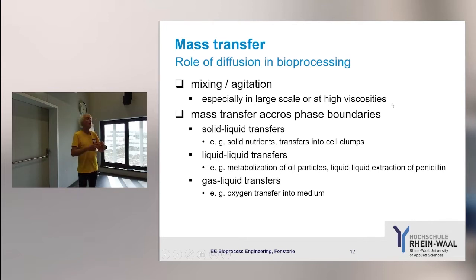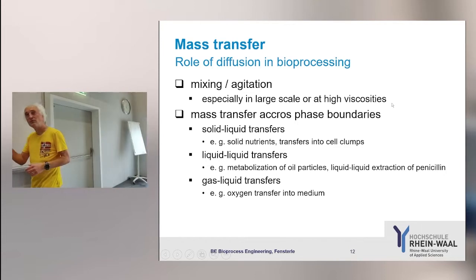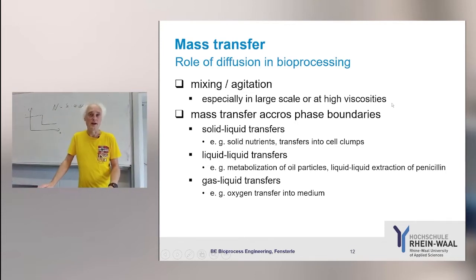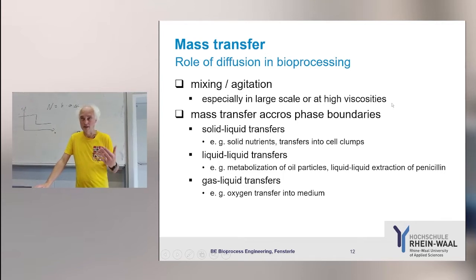So it's not always the case that diffusion doesn't play a role in the liquid phase of a bioreactor. It depends on the reactor. For the liquid phase, for our calculations, we always think of low viscosity fluids, so we make life easy in this case.